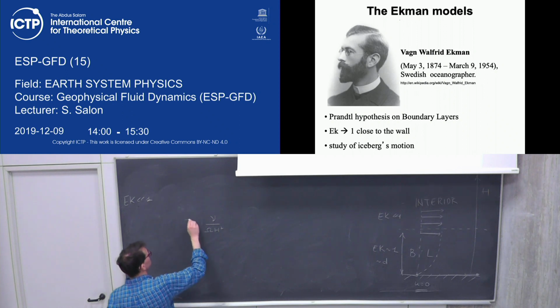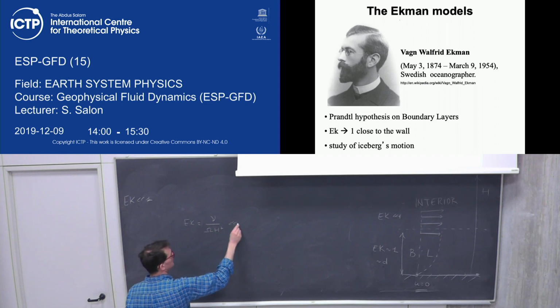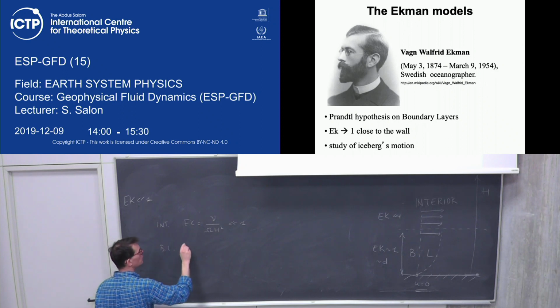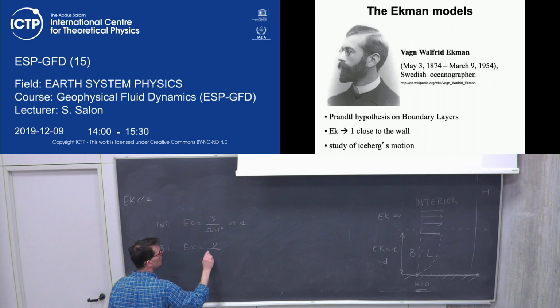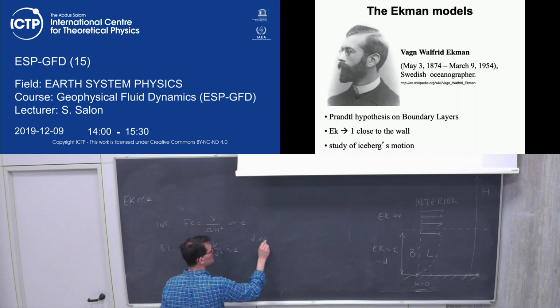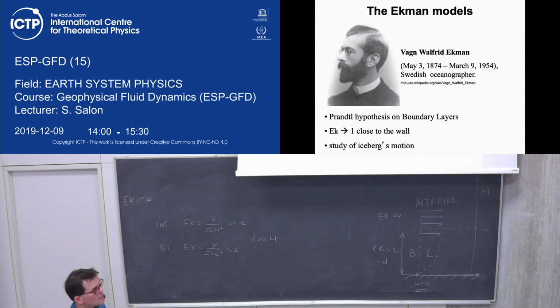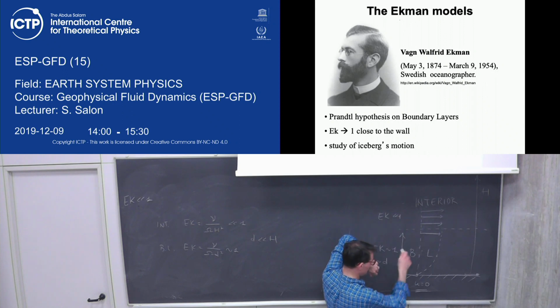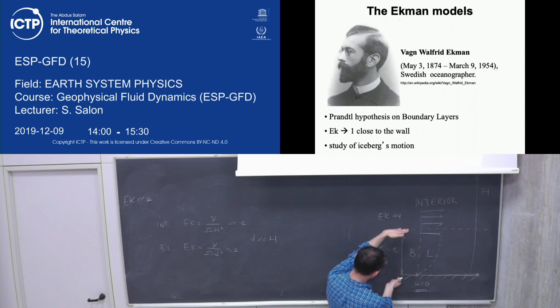So if we have Ekman, which is nu over omega h squared, much smaller than 1 in the interior, in the boundary layer, we will have Ekman, which is nu over omega d squared, which is order 1. Okay? So, with d much smaller than h. So in this plot I have strongly exaggerated this section, which is actually much smaller than the entire height of the flow.